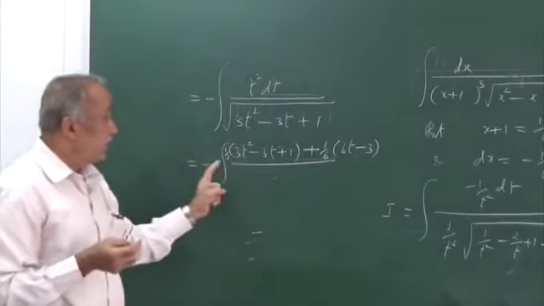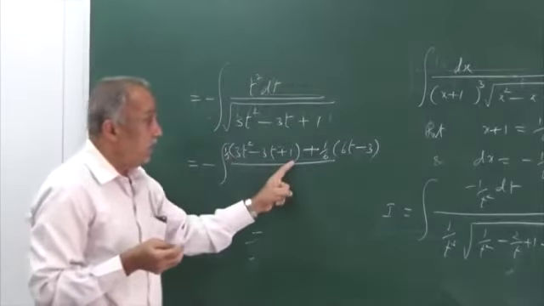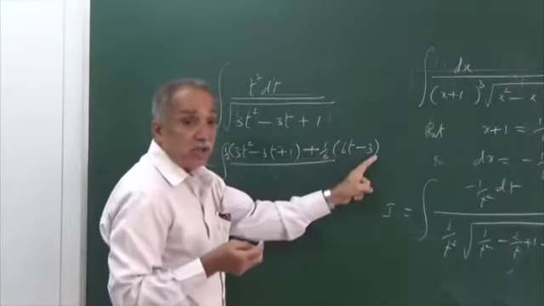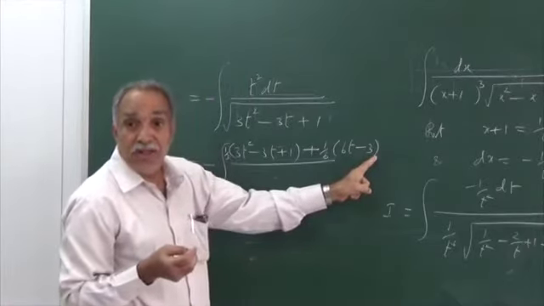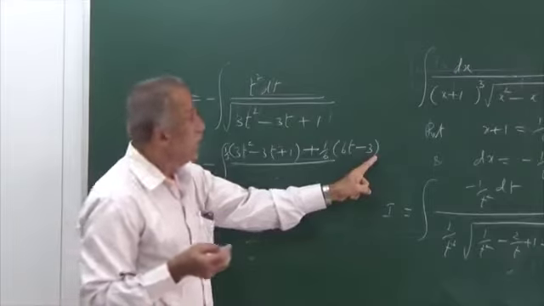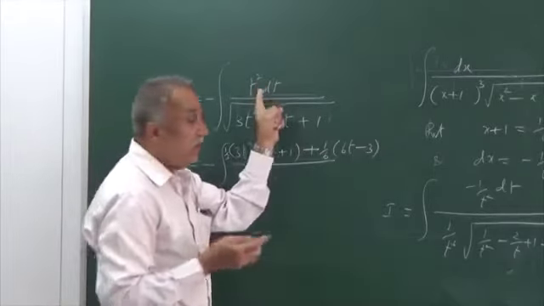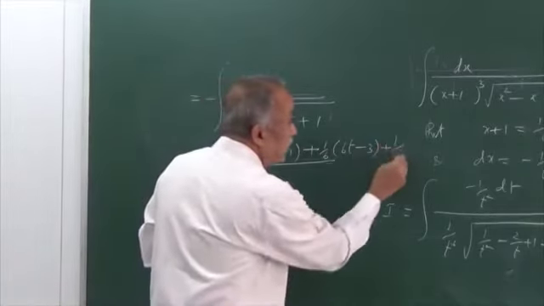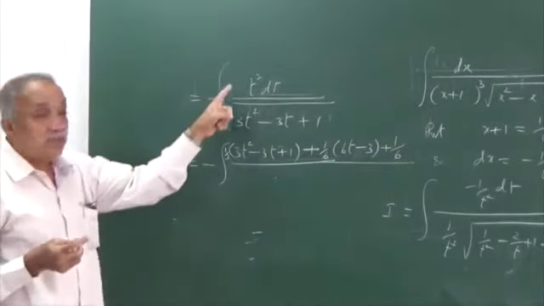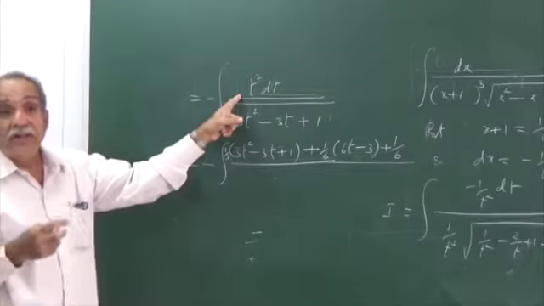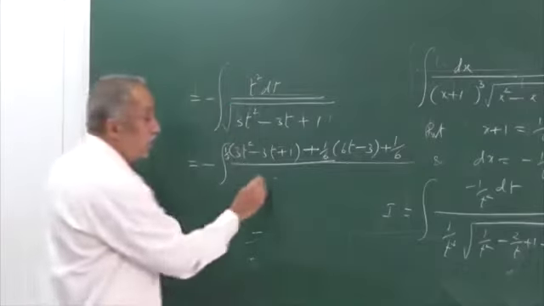The constant finally becomes 1 by 3 minus 3 by 6, which is half. 1 by 3 minus half. Is it minus 1 by 6? Yes. We are not supposed to retain any constant in the numerator. Everything has been taken care of. The numerator is exactly t square written in a different form.